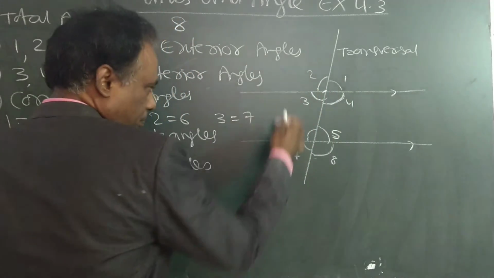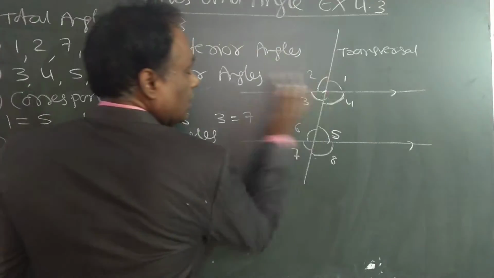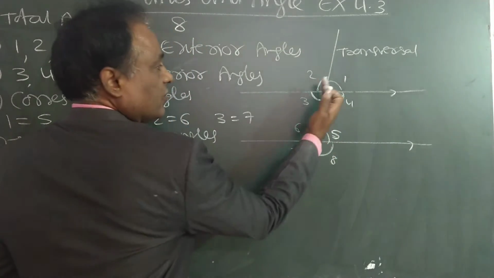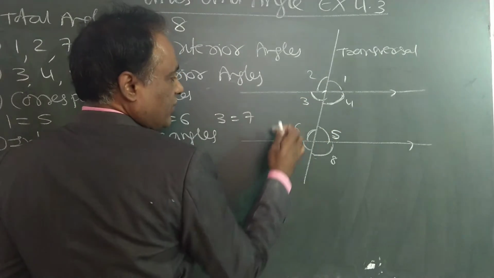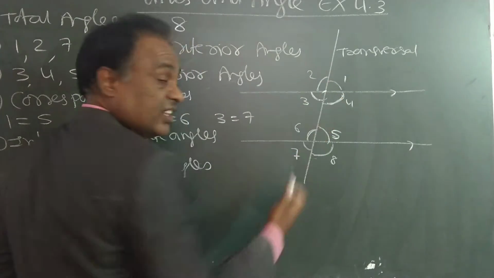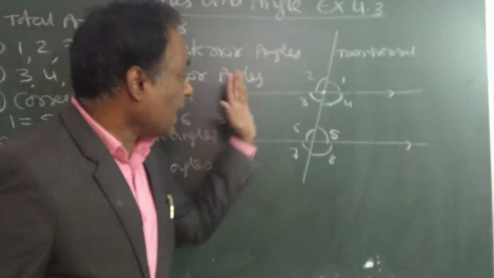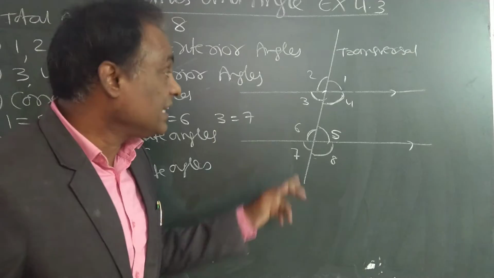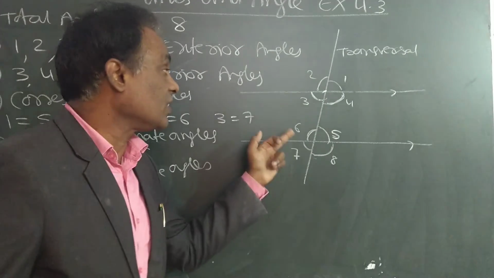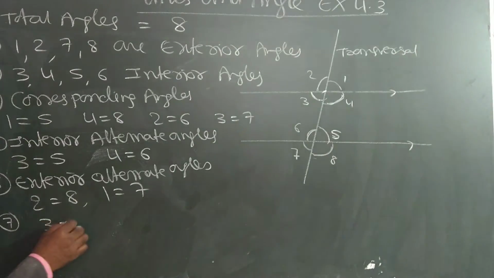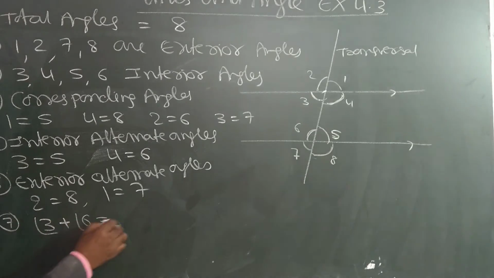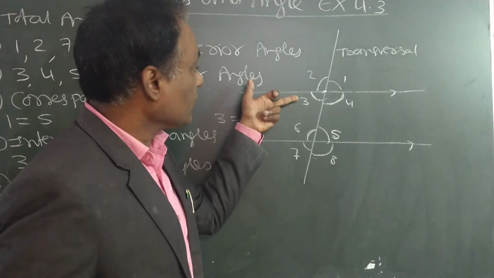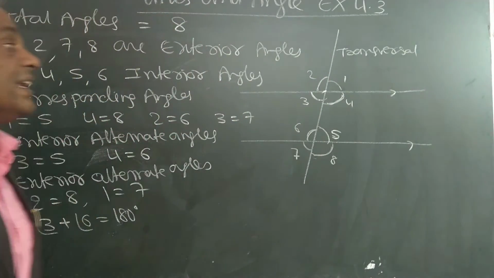if two lines are parallel, the sum of these two angles on the same side is important. If two lines are parallel and the transversal meets both of them, the interior angles on the same side of the transversal, 3 plus 6, is equal to 180 degrees.